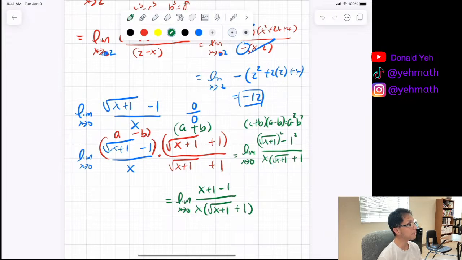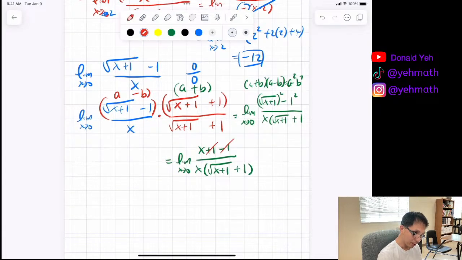Am I going too fast? I just know the numerator is going to be a squared minus b squared. Now this is going to simplify down. So left with limit x approaches 0 of x over x times square root x plus 1 plus 1.